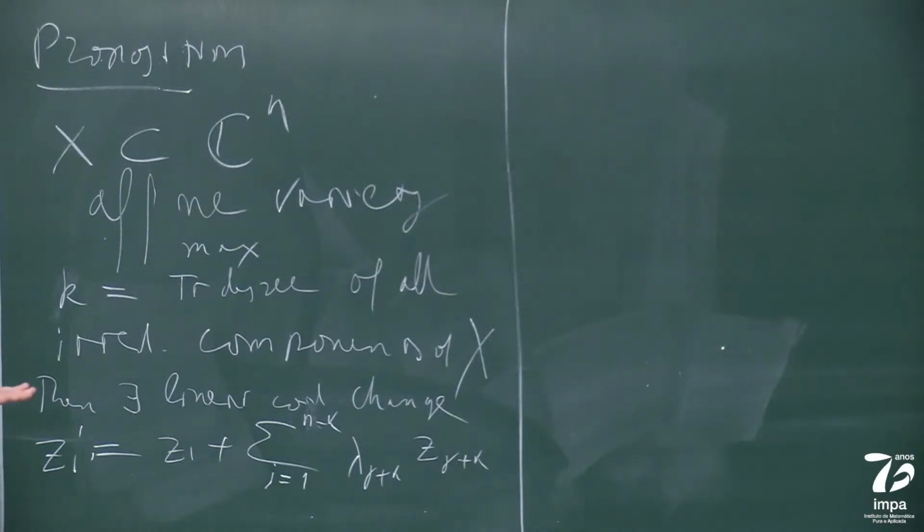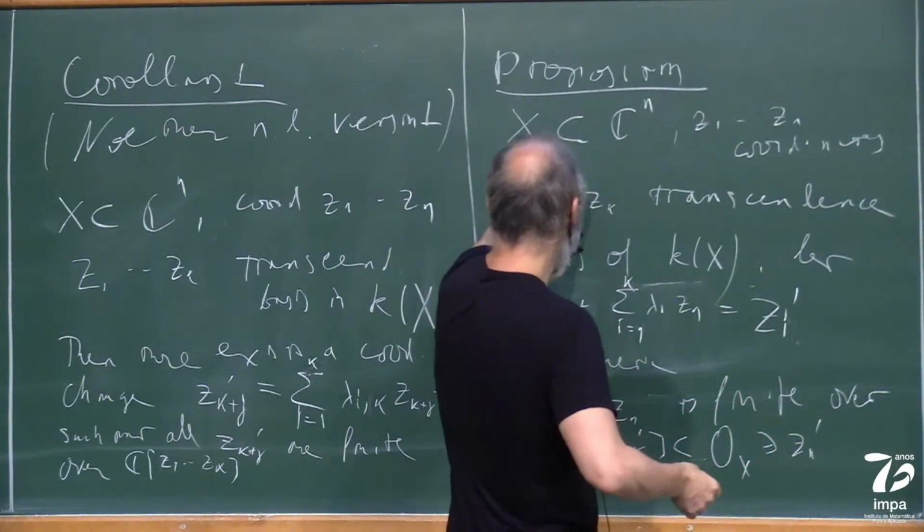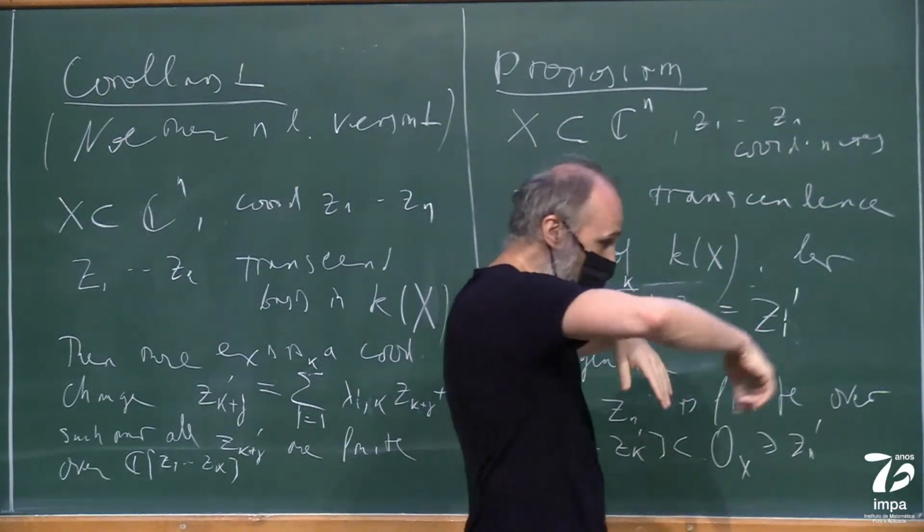This is our new linear coordinate change, which is a cumulative result of the coordinate changes which are prescribed by this proposition term by term.